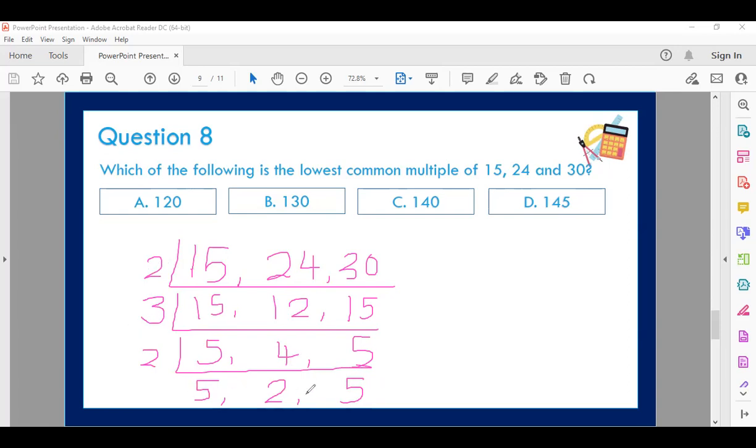So what do you do to find the lowest common multiple? We multiply all these factors. What is 2 times 3? That is 6. What is 6 times 2? That's 12. Now, what about 12 times 5?